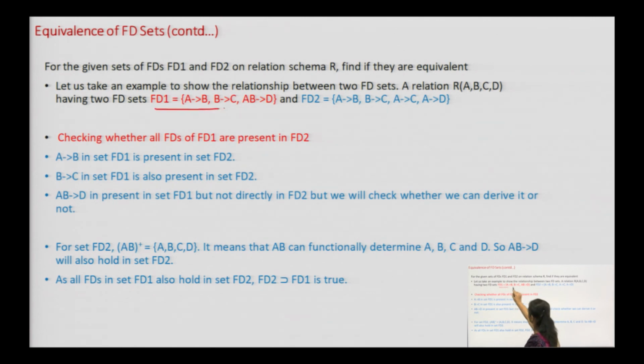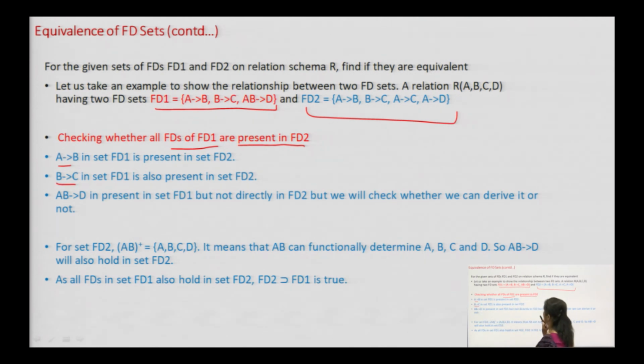We are given FD1 as this and FD2 as this, and we need to find if they are equivalent. Checking whether all the FDs in FD1 are present in FD2, we see A to B is directly present, B to C is directly present, but AB to D is not directly present in FD2.